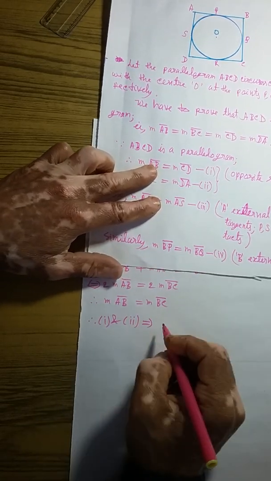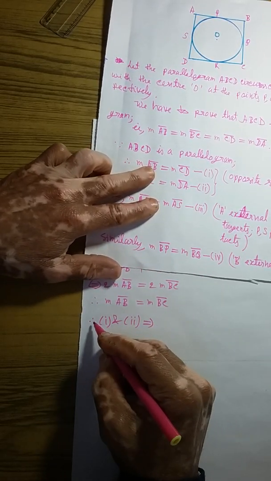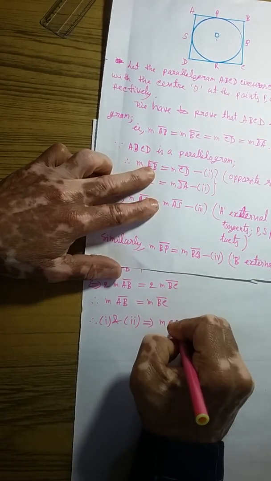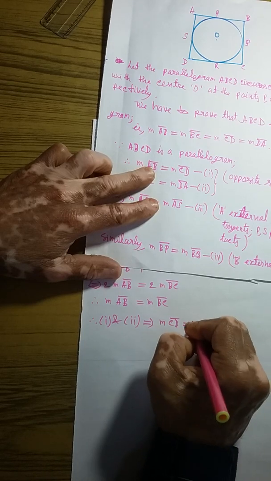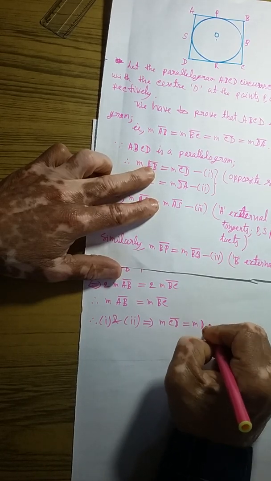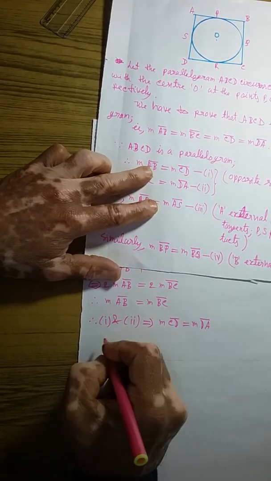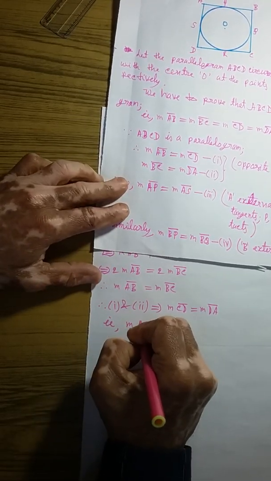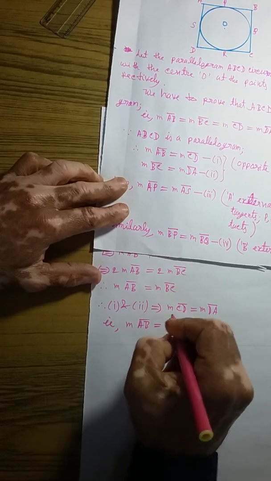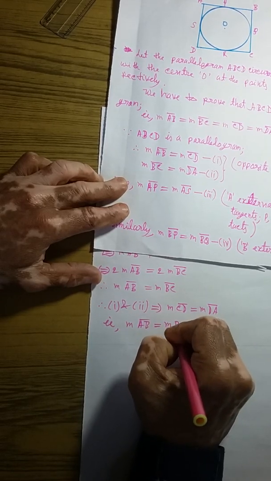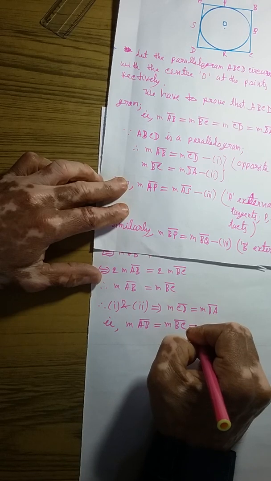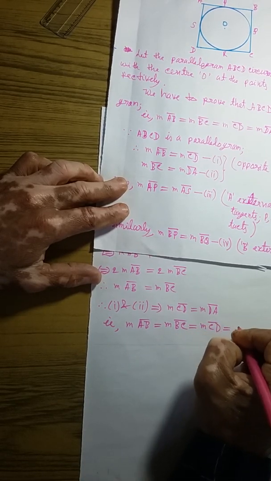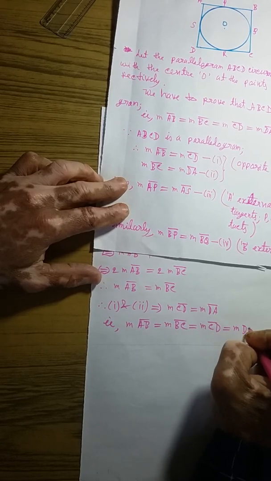So we are writing in this way, therefore 1 and 2 implies measure of CD is equal to measure of DA, that is measure of AB is equal to measure of BC is equal to measure of CD is equal to measure of DA.